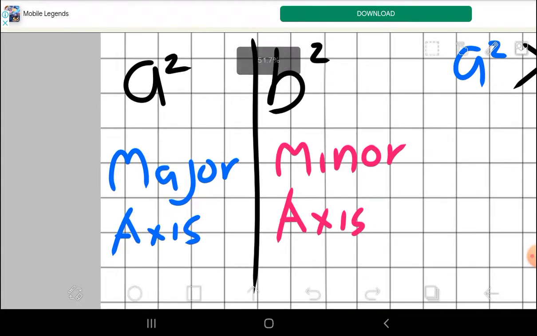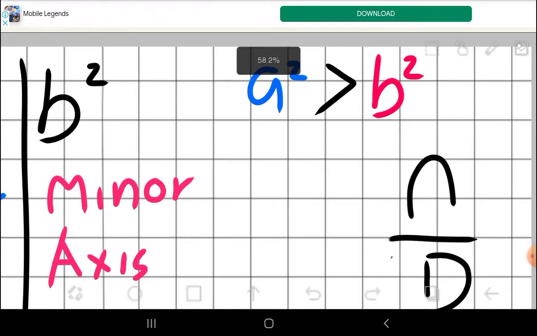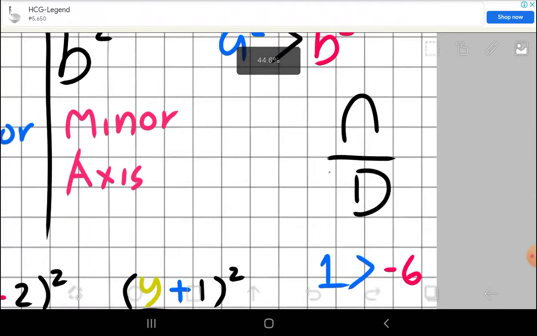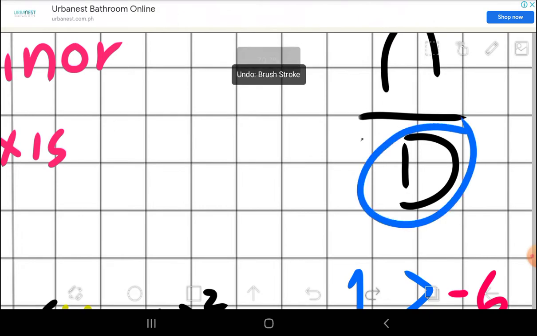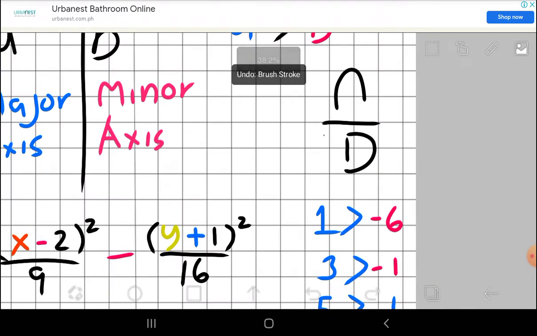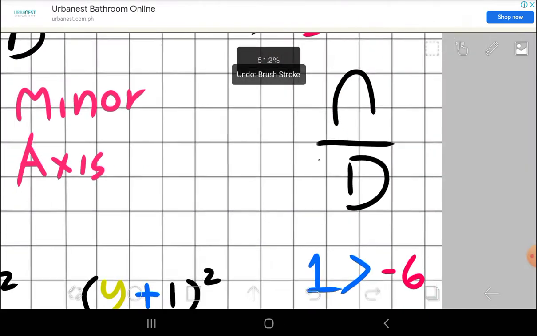So just keep in mind, a squared is the major axis and b squared is the minor axis. Like I said, a squared will always be higher than b squared. To find a squared or b squared, you will see them in the denominator, in the bottom of the numerator.